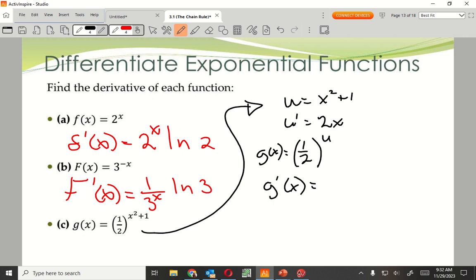Take the derivative of this, it's going to be, oh, it's the opposite way, okay. 1/2 to the u, ln of 1/2, times 2x.